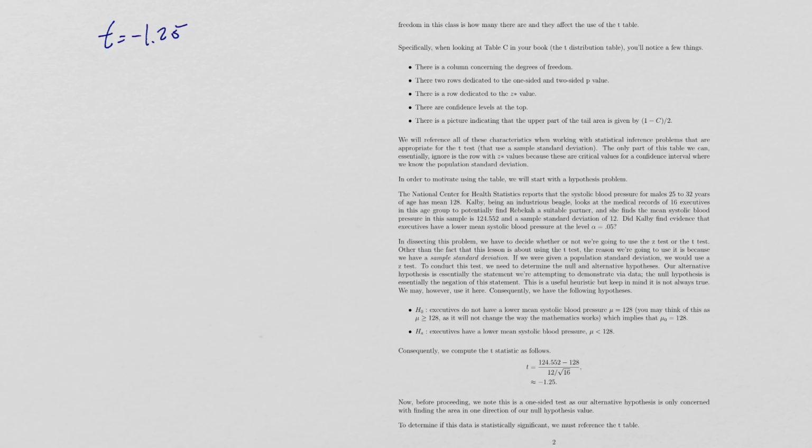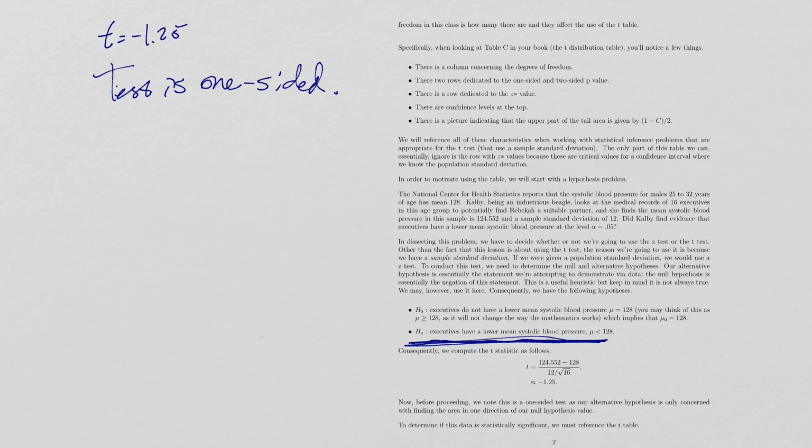Because our alternative hypothesis is only asking if we have a lower mean systolic blood pressure, what we're going to use is a one-sided test. So the test is one-sided. Okay. So that's something that's crucial.